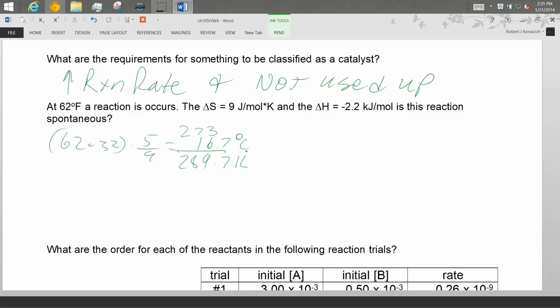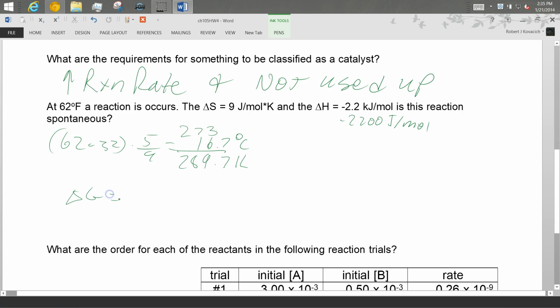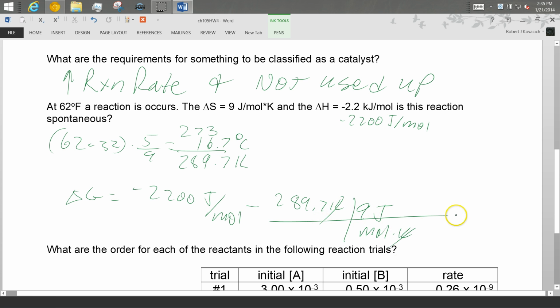Now I'm gonna take this number right here and make it negative 2200 joules per mole. So my units can be the same. And so my delta G is going to be equal to negative 2200 joules per mole minus 289.7 K, and then I had 9 joules per mole K. K cancels.